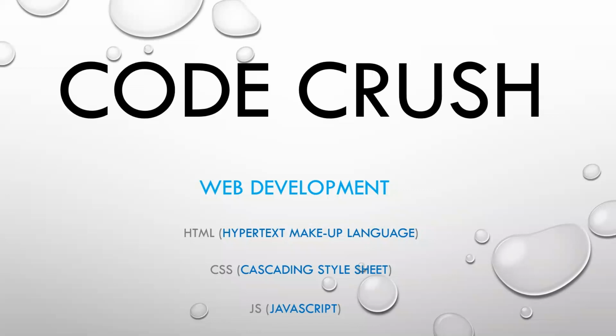That's what HTML gives you room to do. CSS, the cascading style sheet, as the name implies, is to style your HTML. So CSS is mainly for styling, and JS, which is JavaScript, is for the functionality of your website.